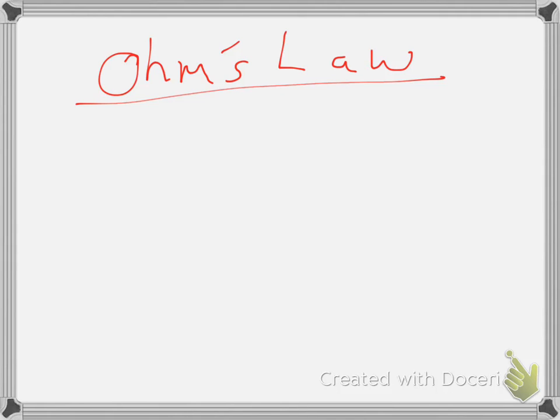Electric resistance, you were exposed to the other day in terms of Ohm's law. And Ohm's law, if you recall, was V equals I times R. Let's go ahead and show you what you had the other day.